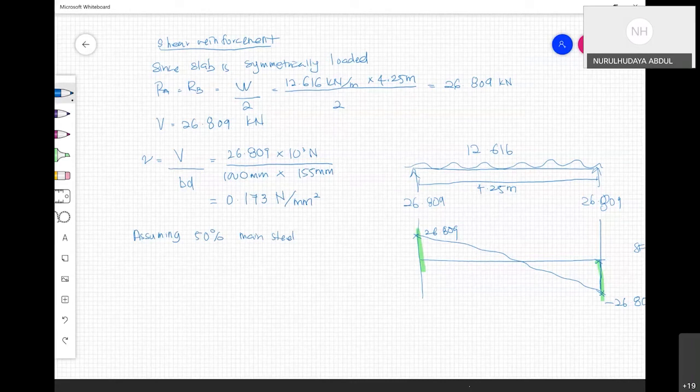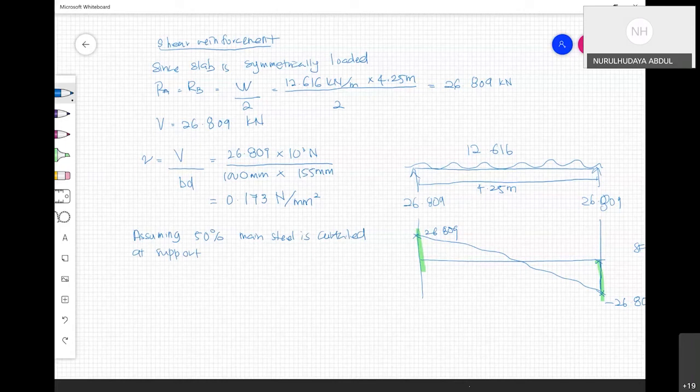Okay, sebab dia lebih reinforce bending lebih akan terjadi dekat that particular area. So 50% main steel is at support.